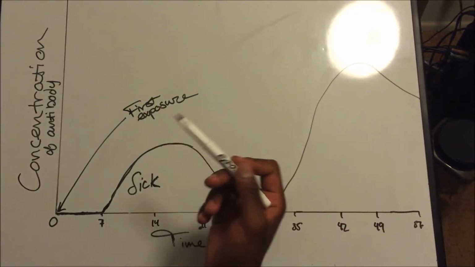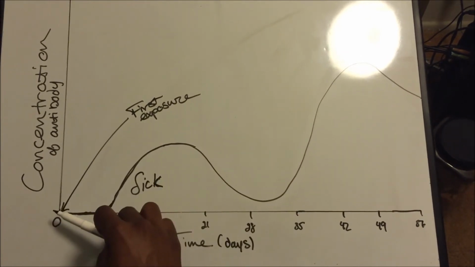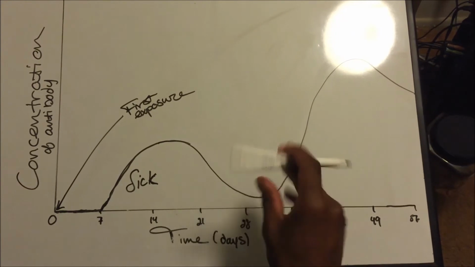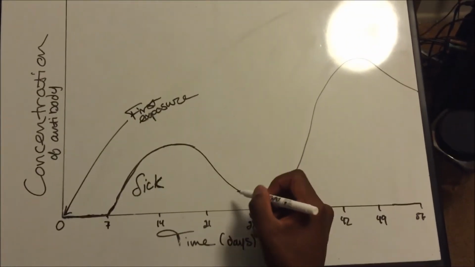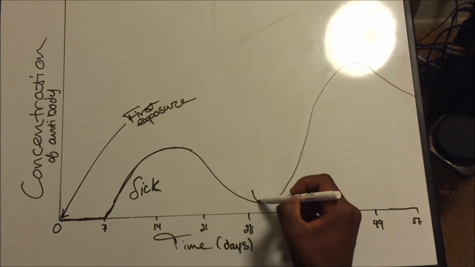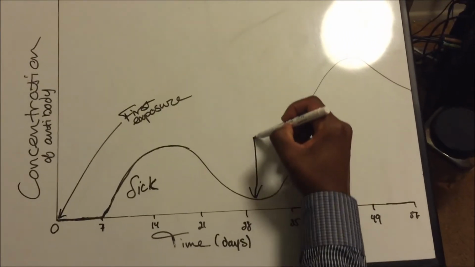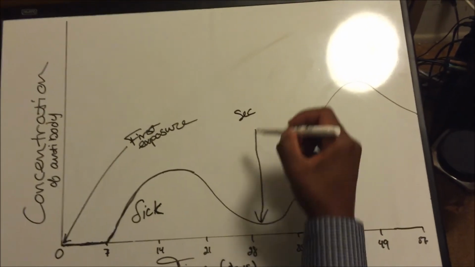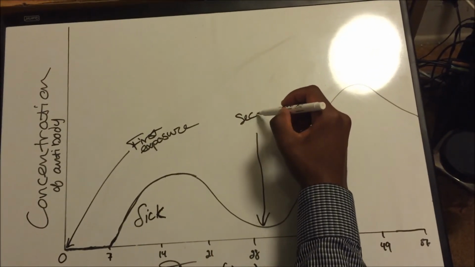So in the case of measles, you get the first exposure, you get sick here, but you're also producing the antibodies to fight it. And so when you're not sick anymore, you gain a certain level of immunity to where the second time, if you're so unlucky, you get exposed to measles once again a couple weeks after your first exposure.